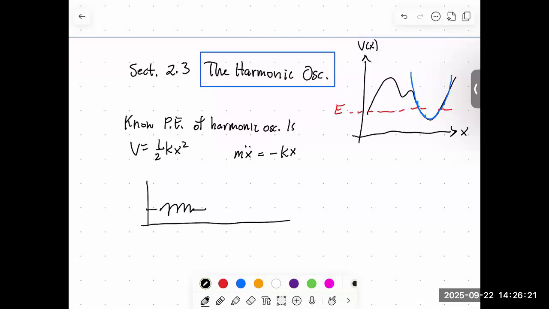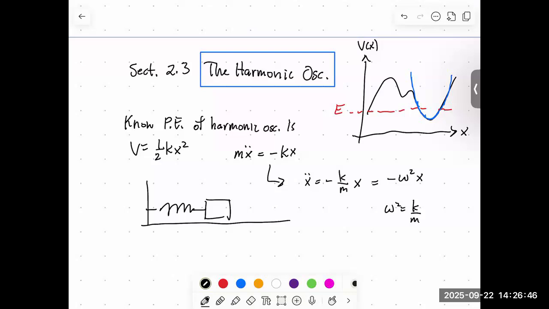And so here's my spring and here's my mass. Well, I could rewrite this as x double dot is equal to minus k over m x, and it's customary to write this as minus omega squared x, where omega squared is equal to k over m.